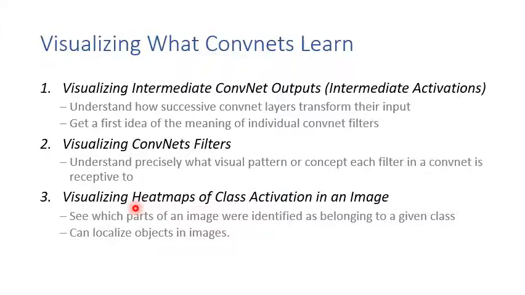It can help us see which parts of an image were identified as belonging to a given class, and localize objects in images. The response is converted into heat maps, and then we can overlap the heat map with the original image to identify which parts are identified as the target class.